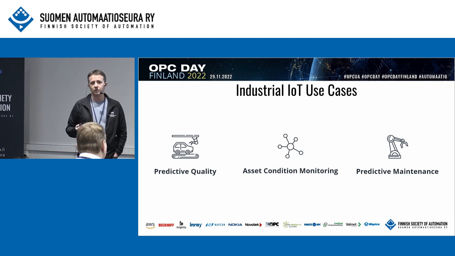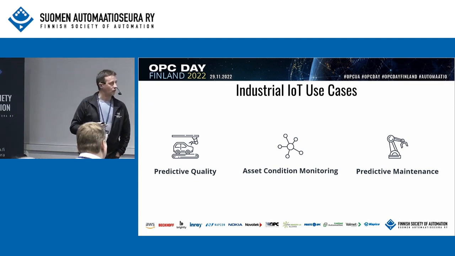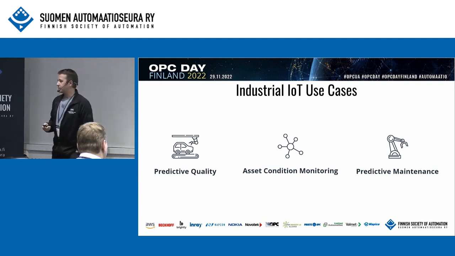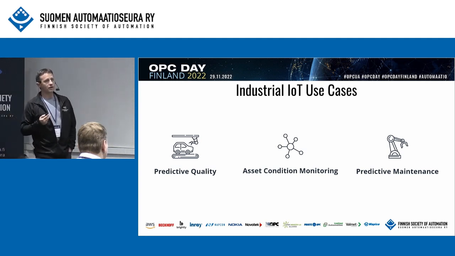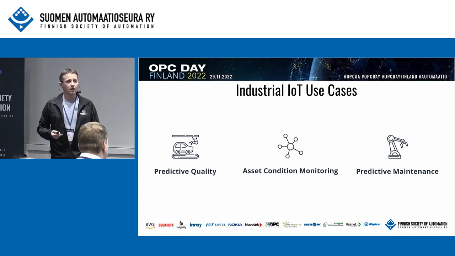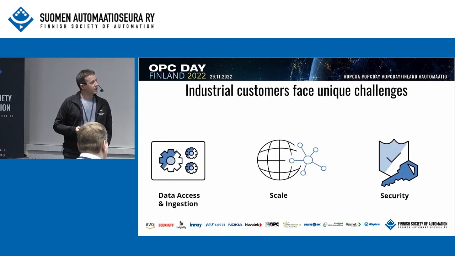Of course, as AWS customers, they choose the AWS cloud for the analytics, the data cleansing, and all the data lake aspects. From this perspective, we need an effective way to get data from different facilities and shop floors across the world into the cloud environment.